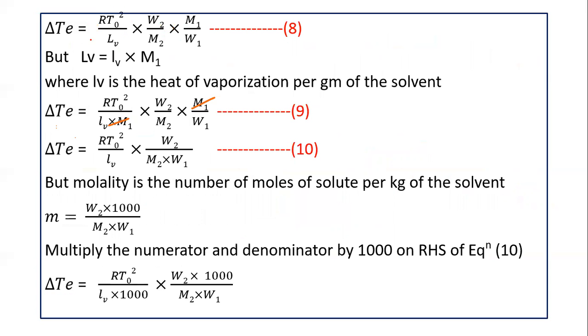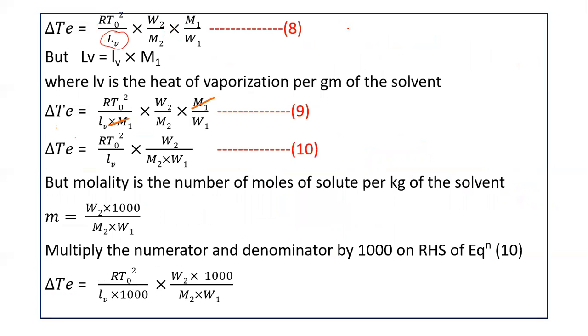Now let us simplify this. Capital LV is called the heat of vaporization per mole of the solvent. Now we want to convert this heat of vaporization per mole of the solvent into heat of vaporization per gram of the solvent.